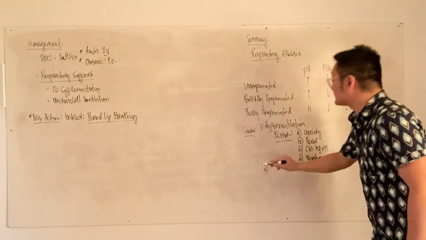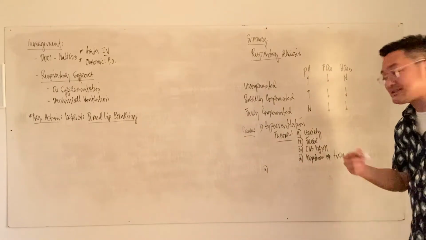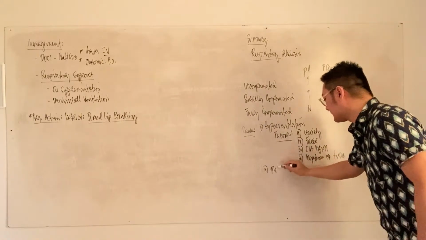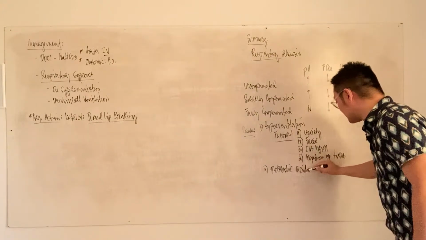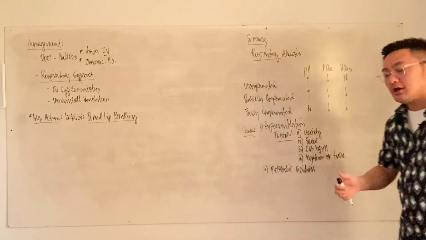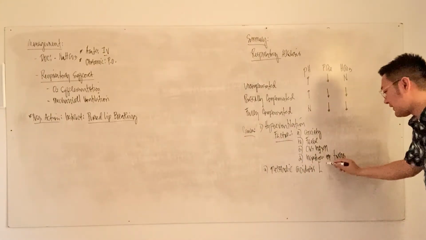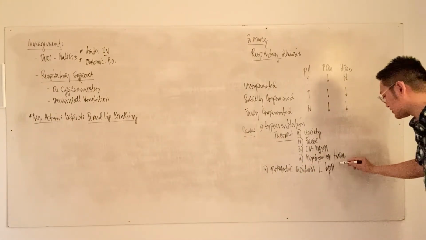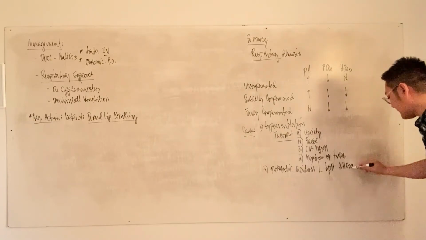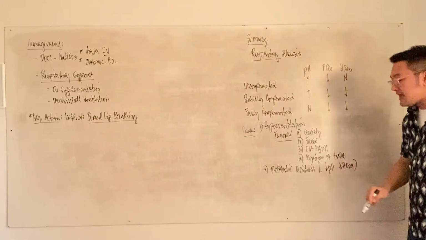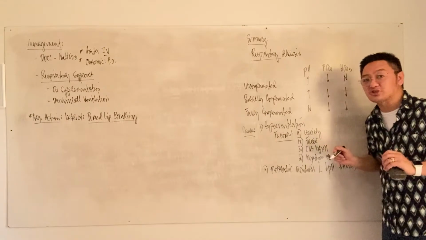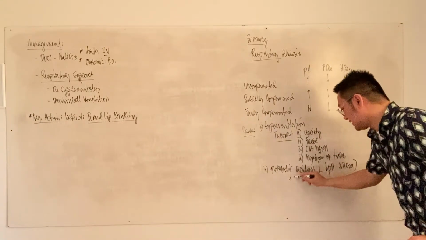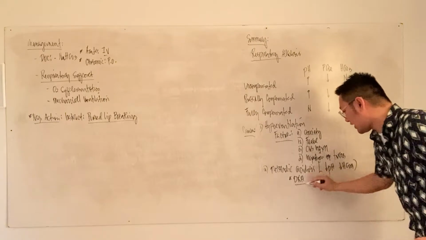Another cause of respiratory alkalosis is a condition called metabolic acidosis. Okay? In metabolic acidosis, there is a decrease in the pH and a decrease in your bicarbonate. Am I right? Give me a condition that is a metabolic acidosis problem. Example is your DKA, diabetic ketoacidosis.